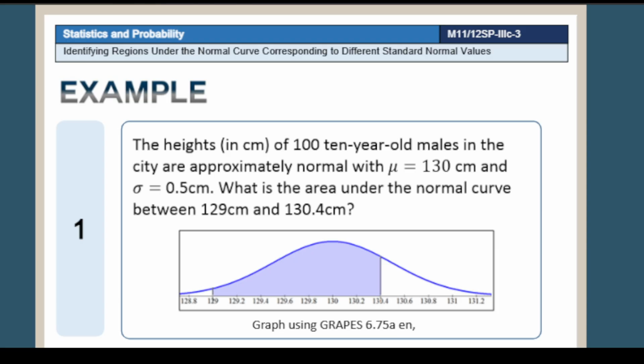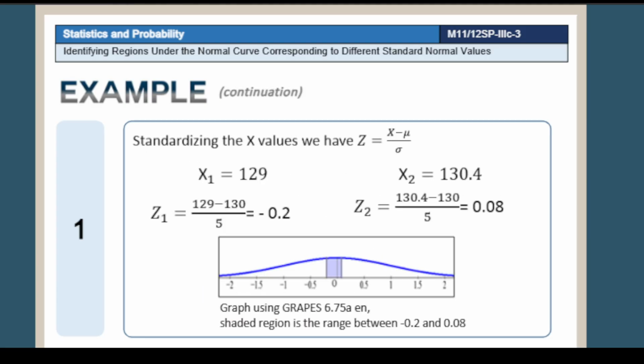All we need to do is solve for the z-score of both. So we have 129 and 130.4, using the formula z is equal to x minus mu over sigma. Take note that the x here is 129, the mean is 130, and the standard deviation is 5.